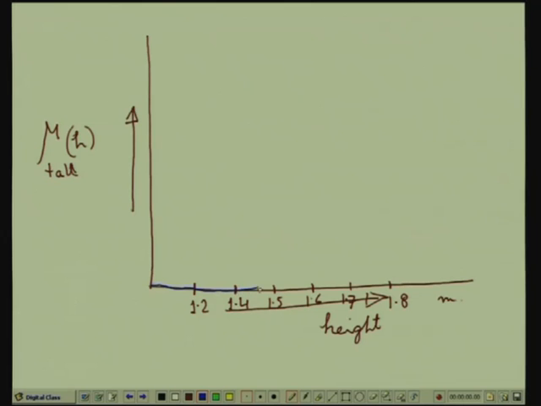Over here, up to this I am not considering them to be tall at all, but then it is going up, and here, sorry, this should saturate out to 1, it is saturating to 1.